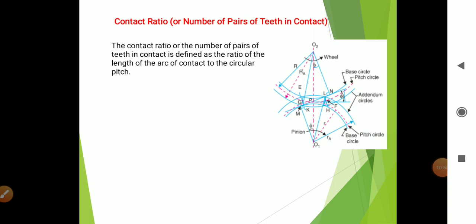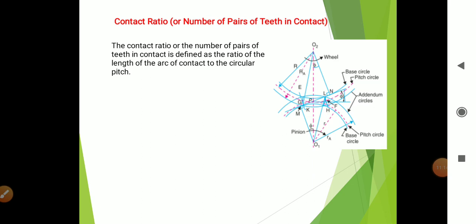So the contact ratio is defined as follows. The contact ratio or the number of pairs of teeth in contact is defined as the ratio of length of arc of contact to the circular pitch.